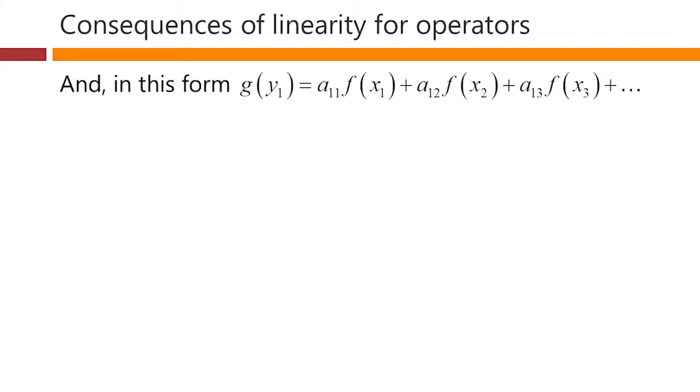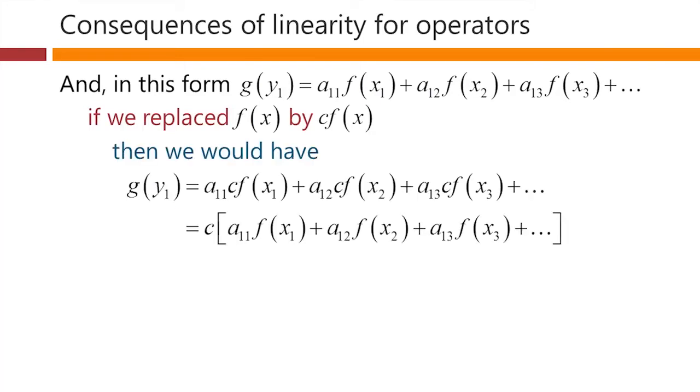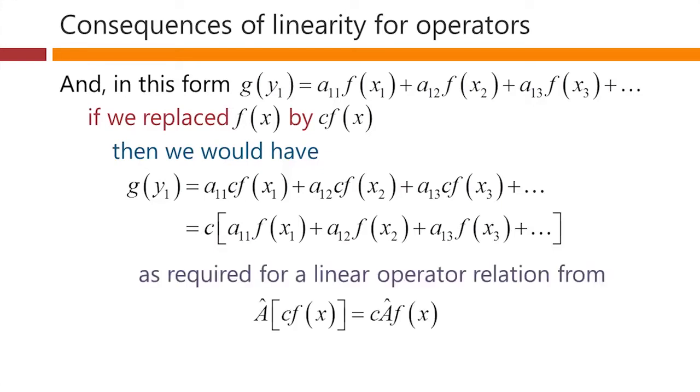And in this form, if we replaced f of x by c times f of x, then g of y1 would be a11 times c of f of x1, a12 times c of f of x2, and so on. But rather trivially, we see we've got the same factor in all the terms, so we can bring it out the front. So that's as we required for the second attribute for a linear operator.